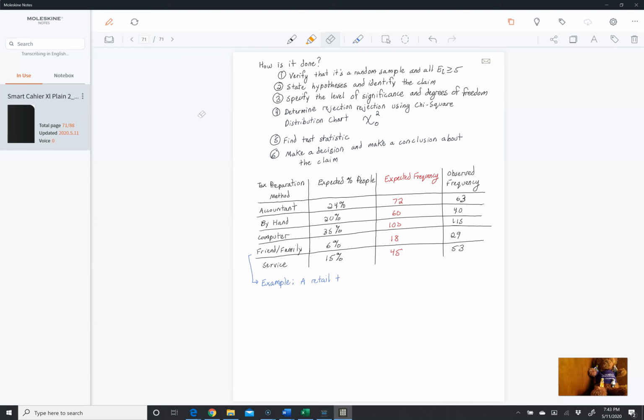So a retail trade association claims that tax preparation methods are distributed with the percents shown.